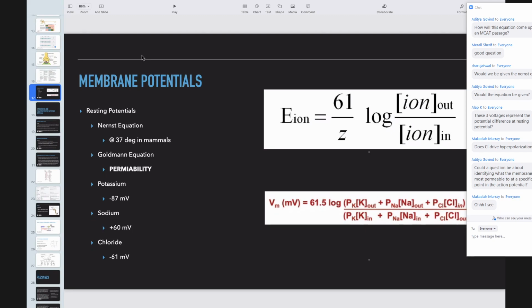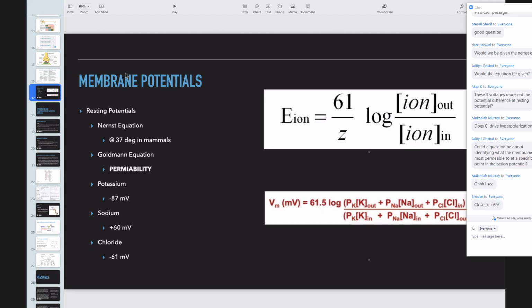So if it's more permeable to sodium, how would the membrane potential change at rest? Yeah, it would be closer to that plus 60, right? Because it's going to be closer to the equilibrium potential of sodium, because sodium will be in the driver's seat because that's a higher permeability.